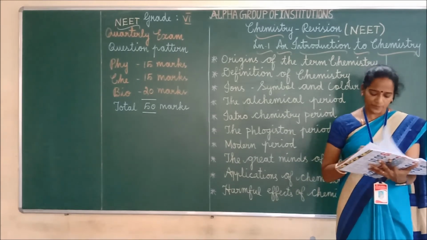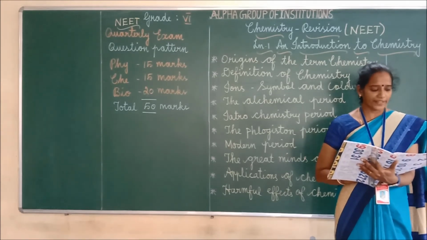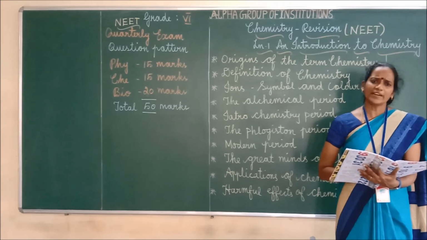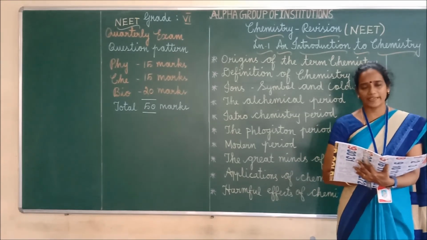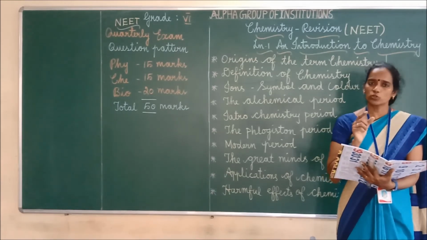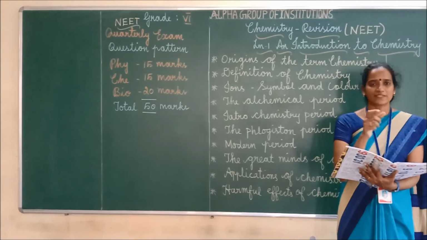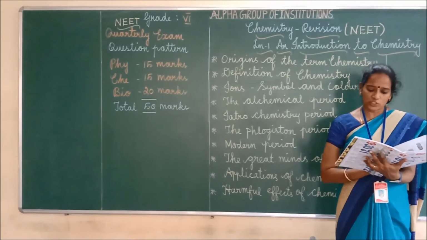Got it? Right. Next, turn to page number 11. Electronics. Give an example of metalloids. Silicon and germanium. Silicon and germanium are nothing but metalloids only. So you should learn the metalloids examples. Next, turn to page number 12.